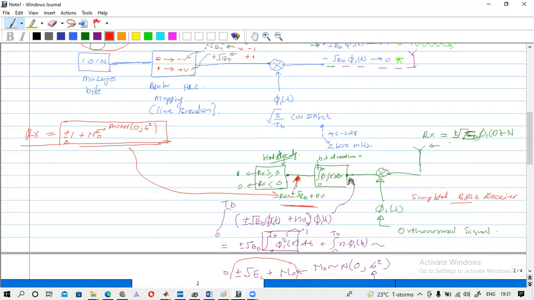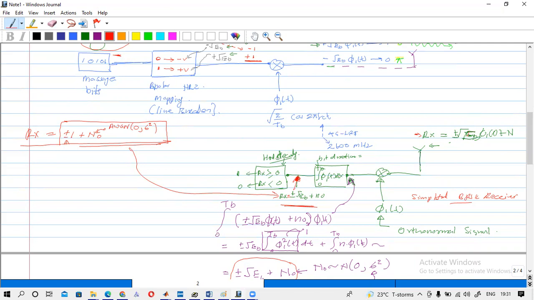We have generated the message signal and the BPSK symbol. Then we sent it through a Gaussian channel, some noise was added, and then we get our received symbol. Actually, we didn't consider waveform generation and other things.